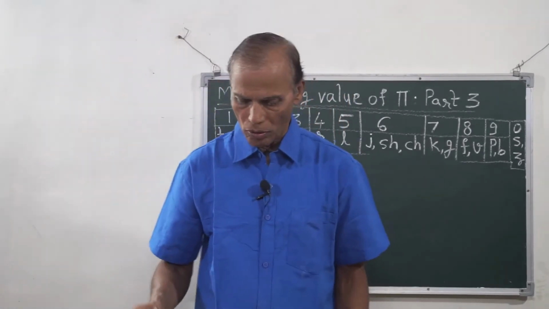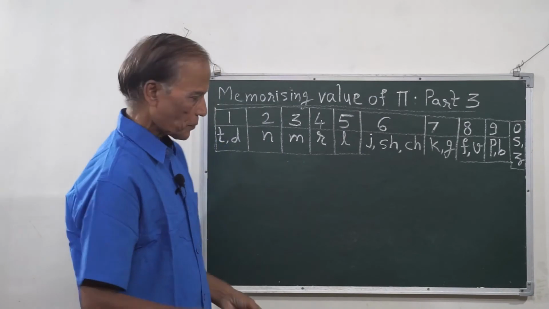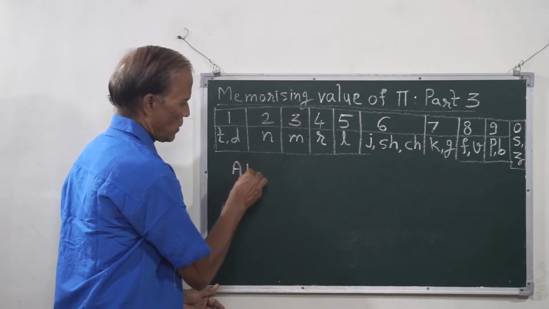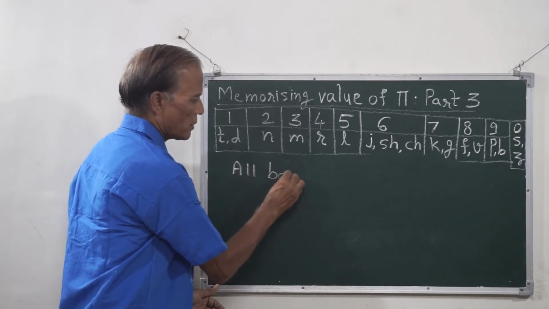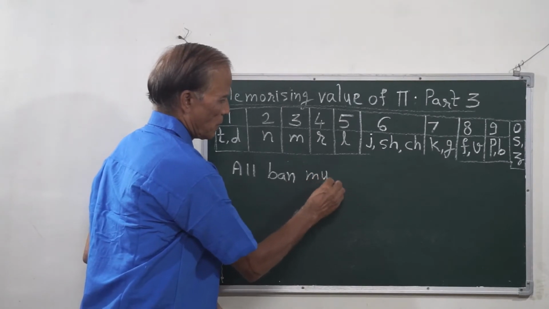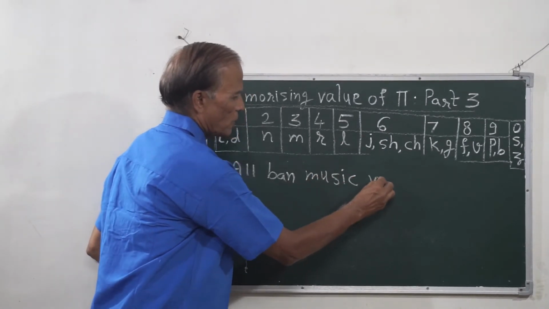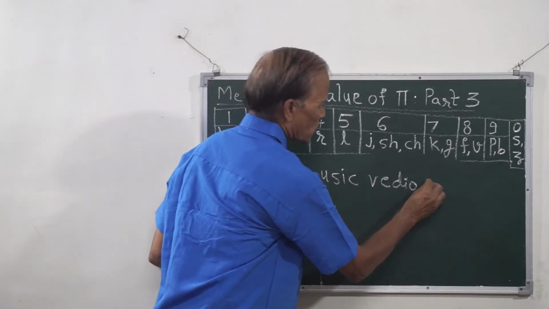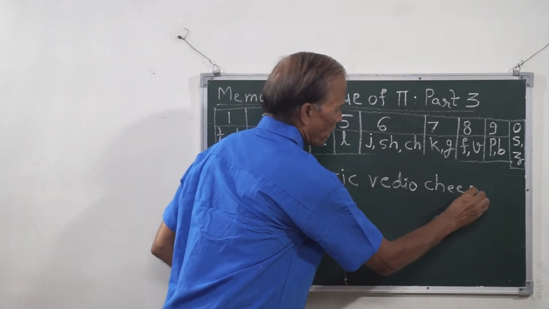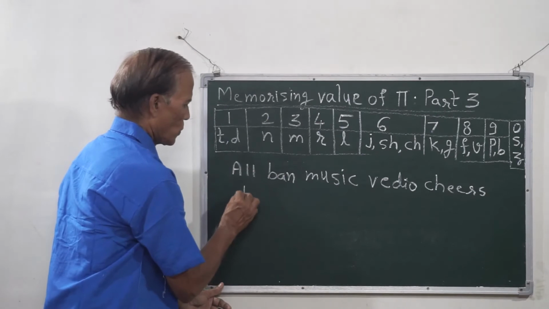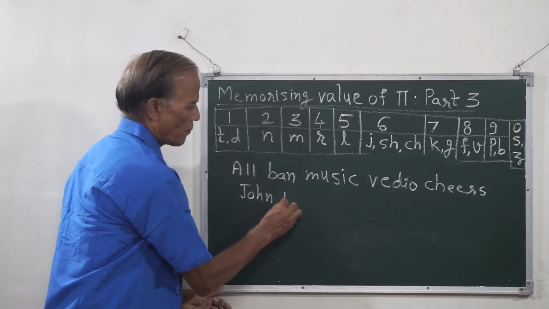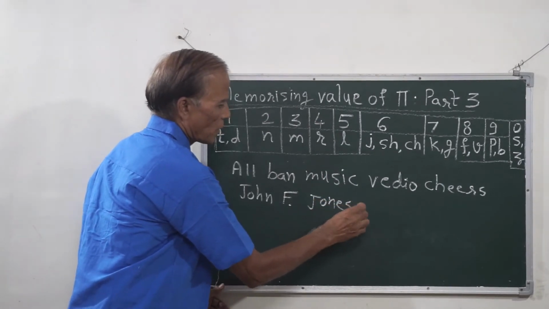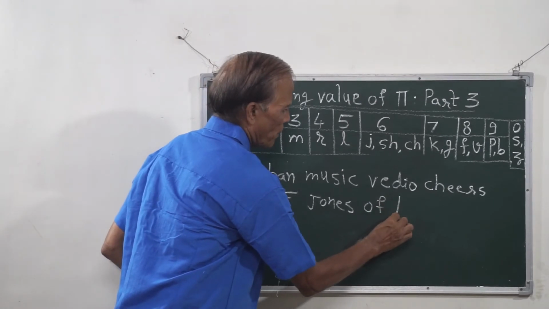So the fourth block of 20 digits: All band music video cheers John F. Jones of pub.